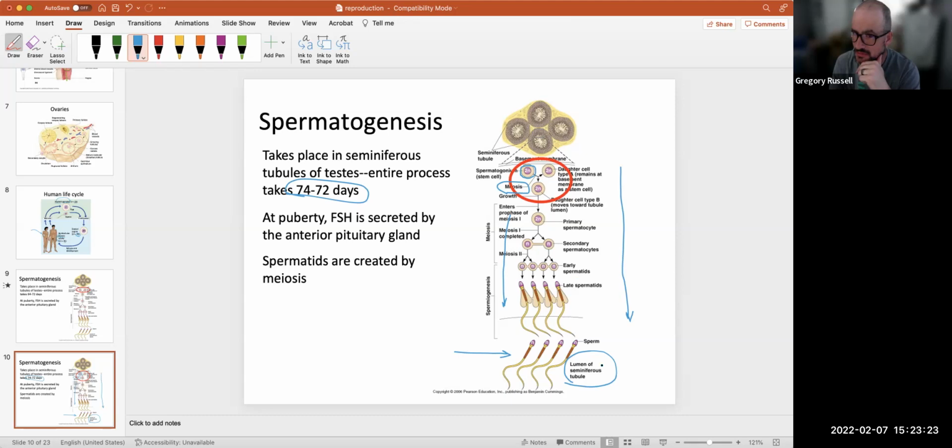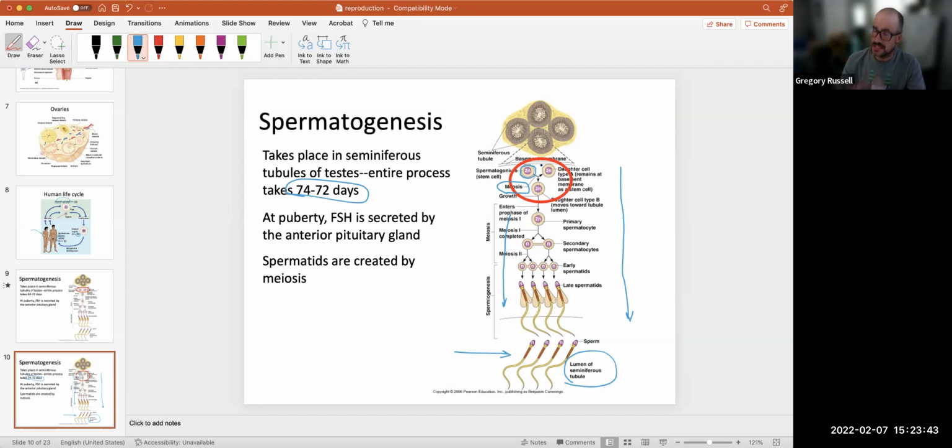This process does not begin until puberty. So nothing here is happening until puberty. But once it starts, under the influence of testosterone and follicle stimulating hormone from the pituitary gland, this process will commence. Once it begins, it is essentially going to be happening nonstop.